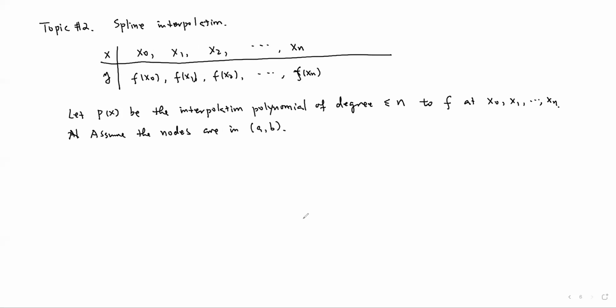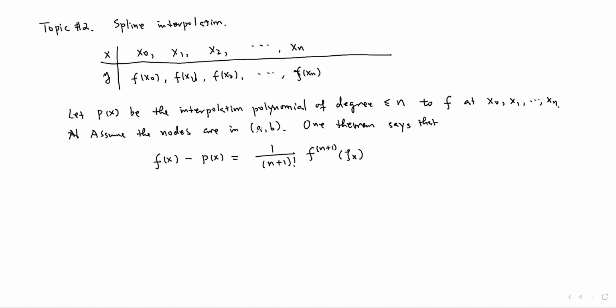Then we have a theorem. One theorem says that the distance of P, this polynomial, from the function f is given by this formula. 1 over (n plus 1) factorial, derivative of order n plus 1 of the function f, evaluated at some point psi.